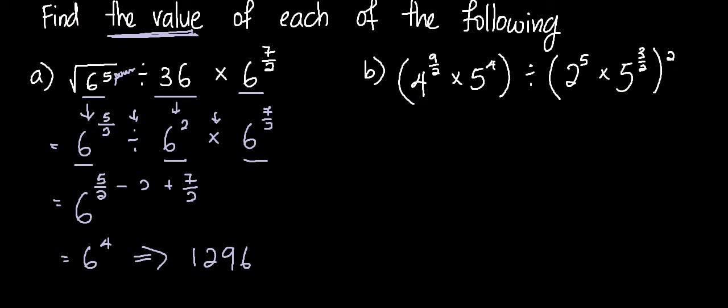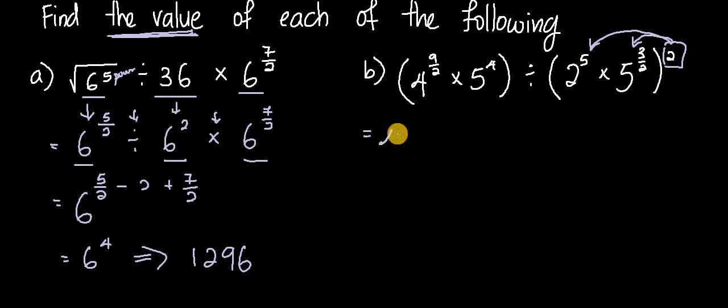So first of all, maybe I can try to solve this, you see. There's this bracket here, and then there's this power 2. Let me try to times this power 2 inside of here, to simplify the equation into the simplest form.